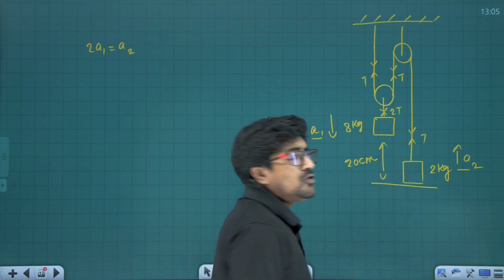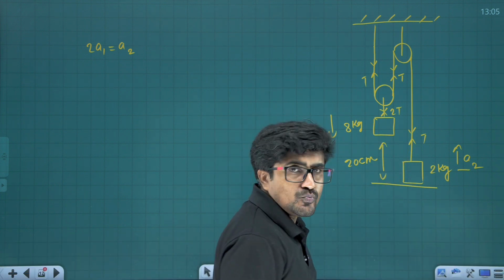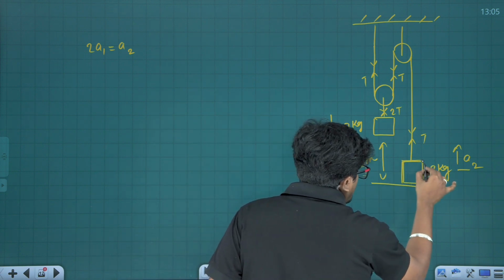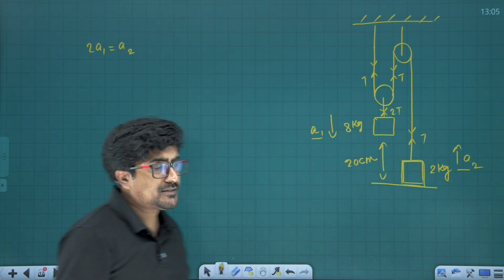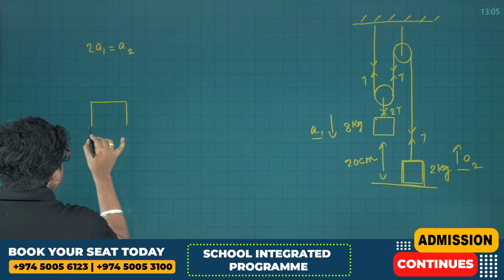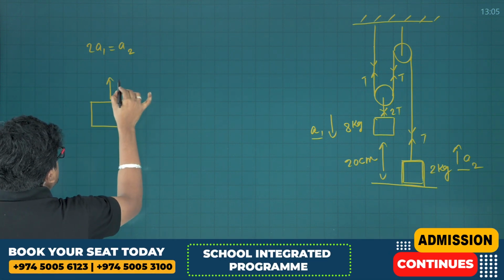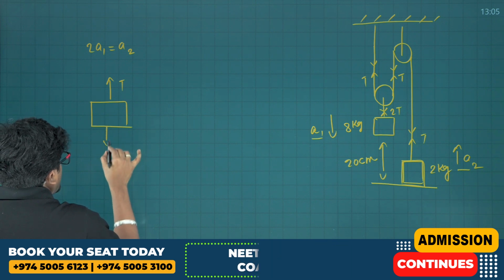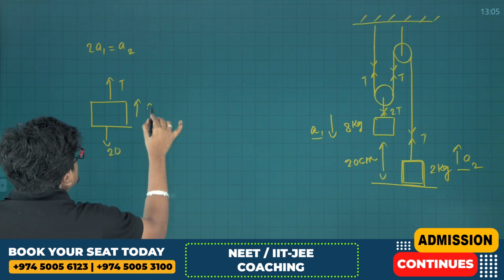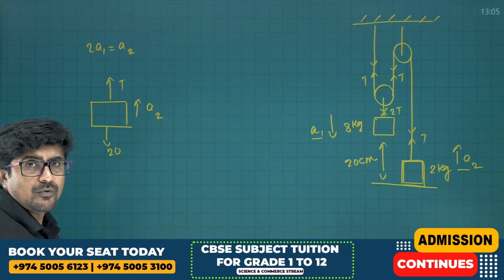Now what could be the value of A2? For that I am going to consider the free body diagram of the 2 kg mass. Here this is tension T, and I would like to mark the weight as 20 Newton downward, and acceleration is A2 upward.